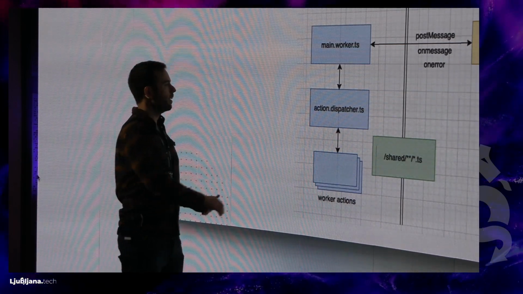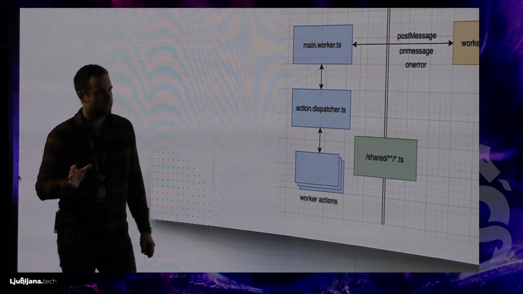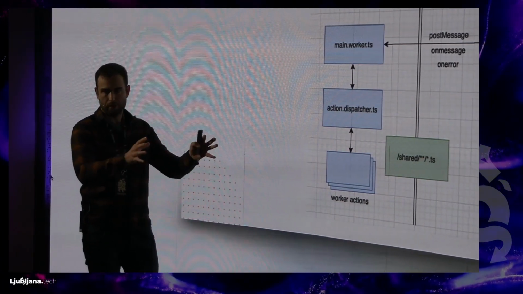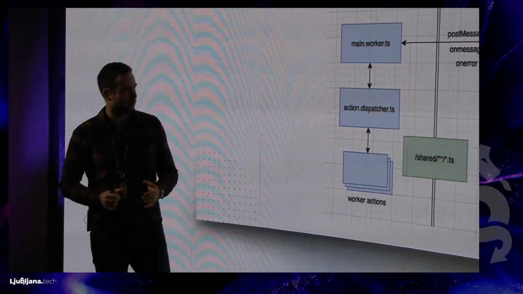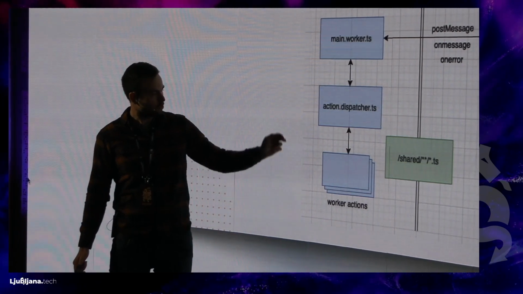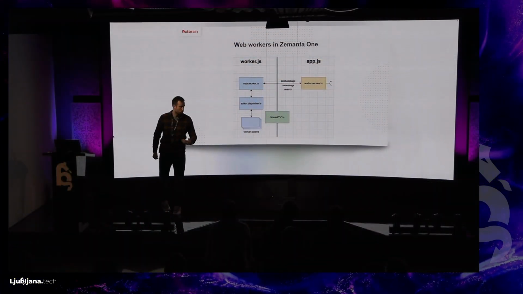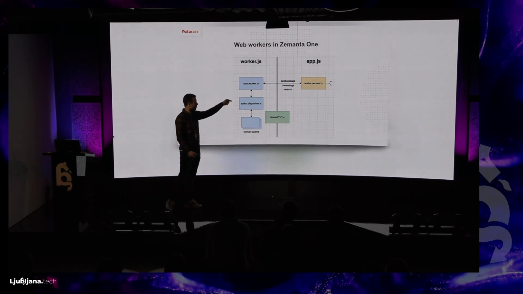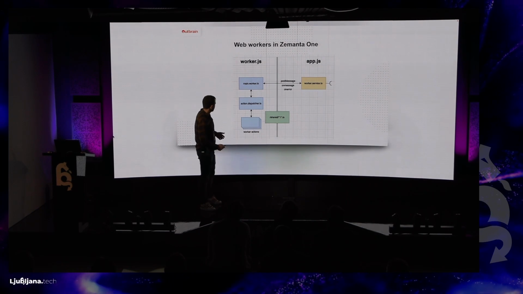So we have one action dispatcher that has a really easy interface. It's got a topic and a payload. The topic is a string, a constant, and it defines which action should be triggered when a message with that topic comes to the worker, okay? And the payload can be anything.